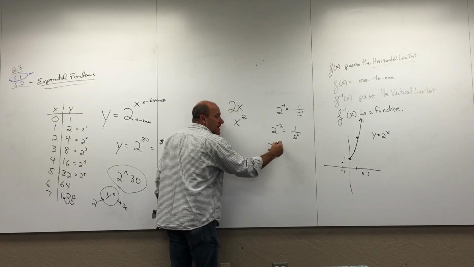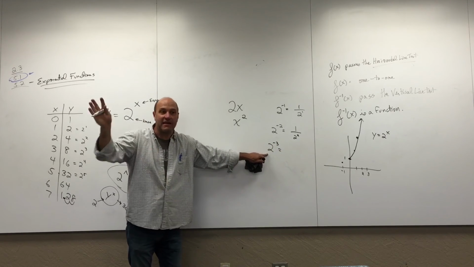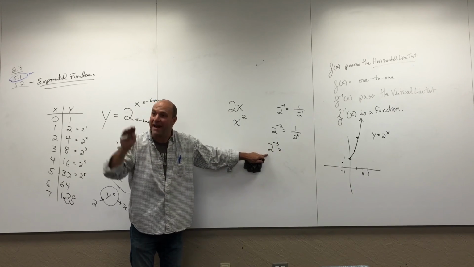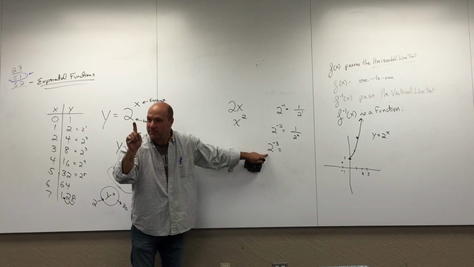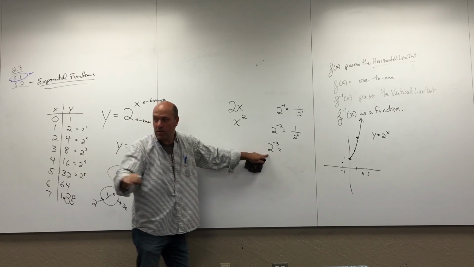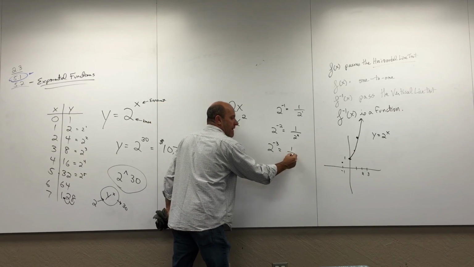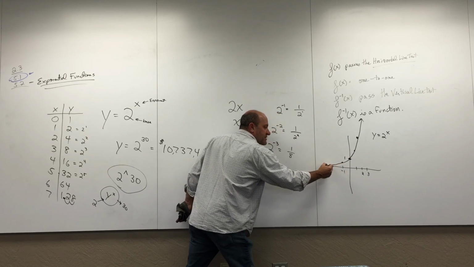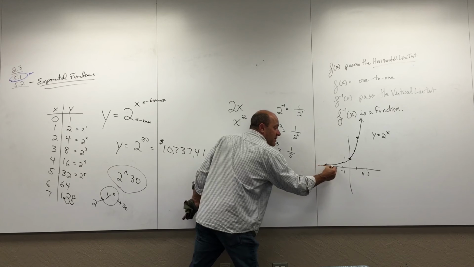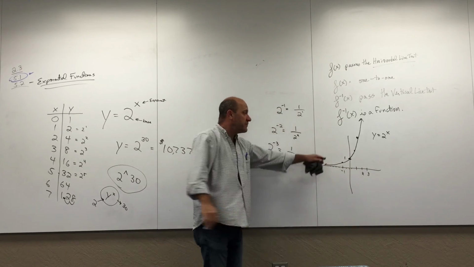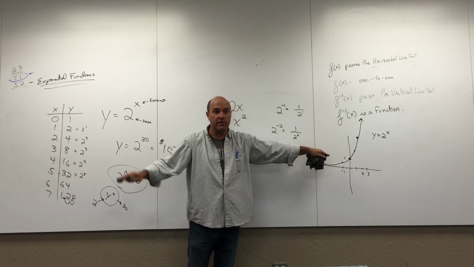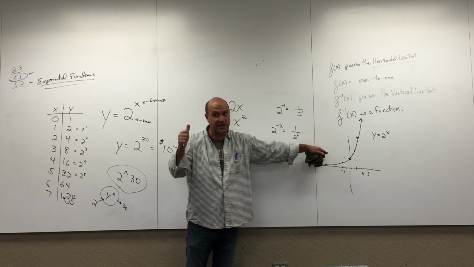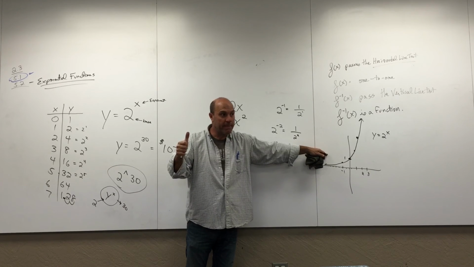What's 2 to the -3? It is not -8. It is 1/8. Negative exponents make things small. Anyway, so when you move here in the negative direction, this gets very small and approaches this asymptote. And this is a classic picture of exponential growth. I want to study these graphs a little more.